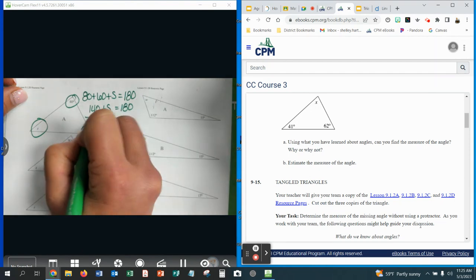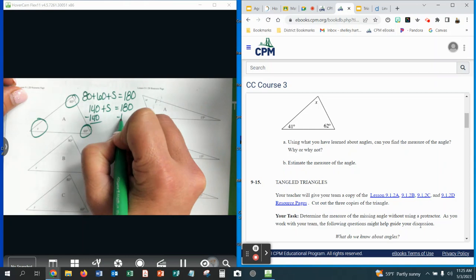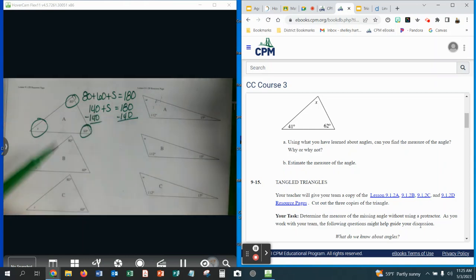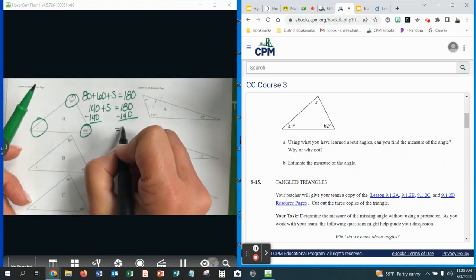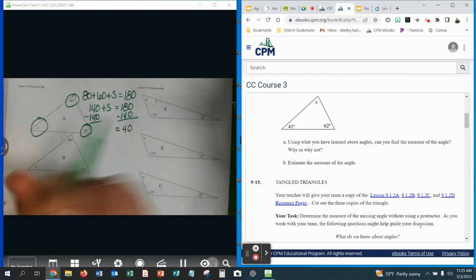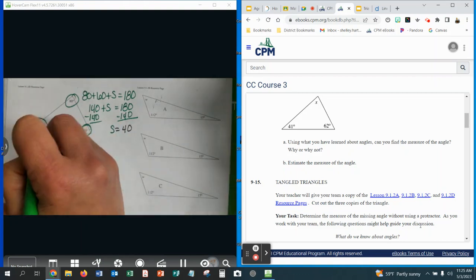I'm going to subtract 140 from both sides. I'm going to get 40. S equals 40 degrees.